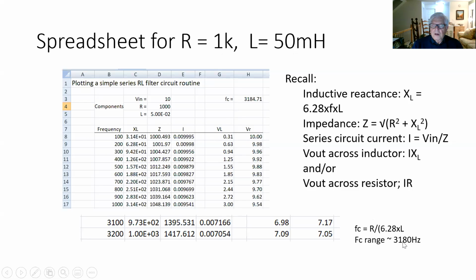That's our cutoff frequency. Not shown in here, our frequency actually goes up to 10,000, okay? But we're interested in frequencies between 3,100 and 3,200, okay? So we're plotting XL, again the impedance, the current, and then we evaluate the voltage across the inductor and the voltage across the resistor, okay?